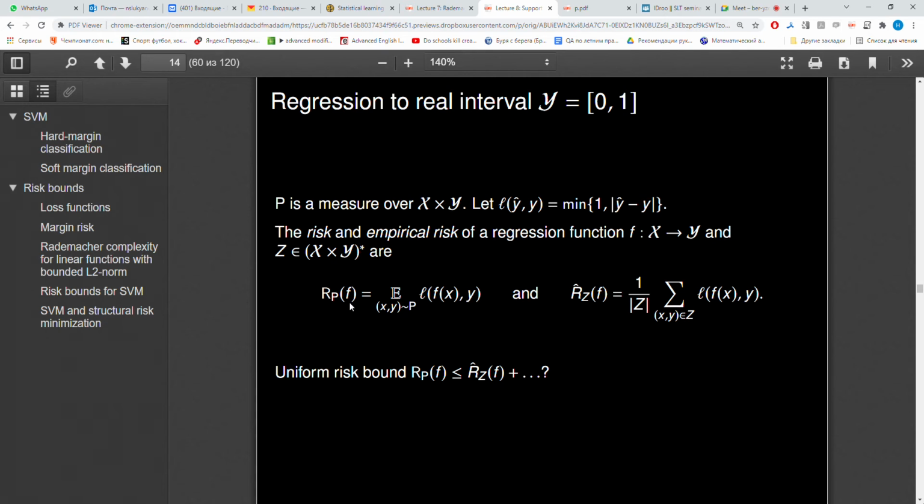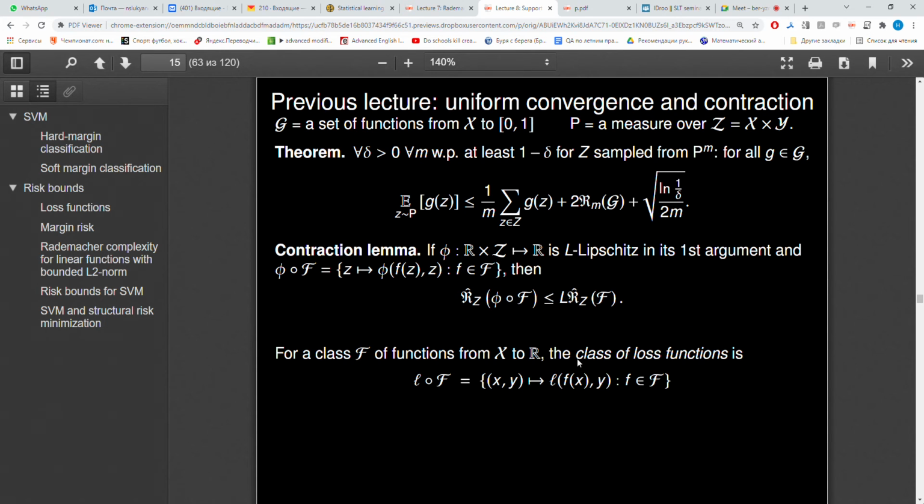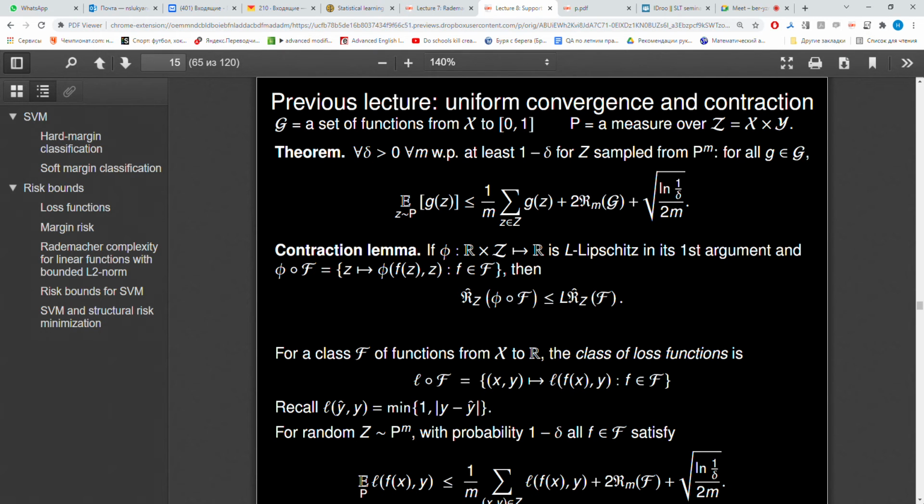Okay, and we want to get some risk bound. Like in the previous chapters, we want to bound the usual risk using the empirical risk on some training sample. We had some terrible inequalities, and it's really hard to pronounce them, not to mention understand them. We know that we had some way to bound the value of some function.